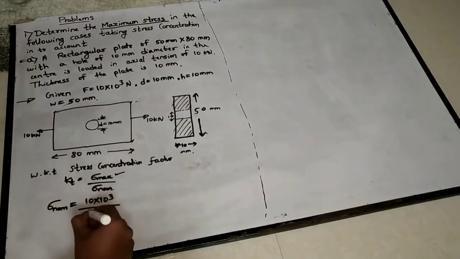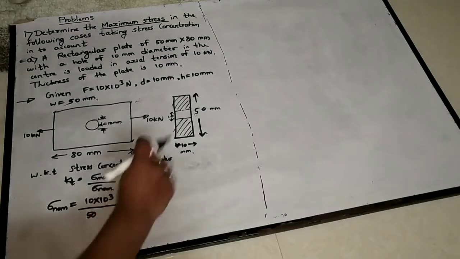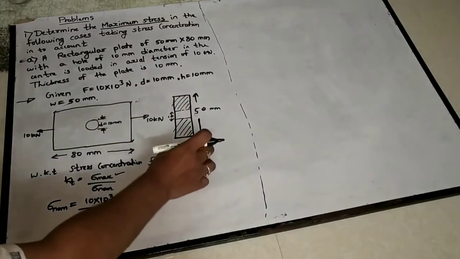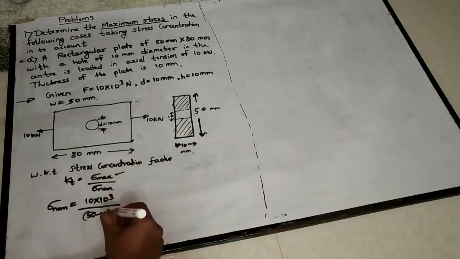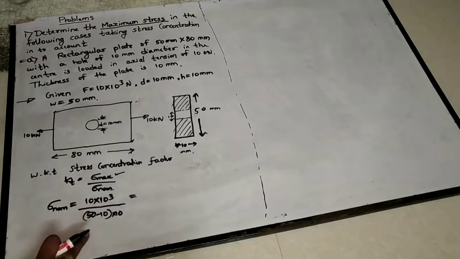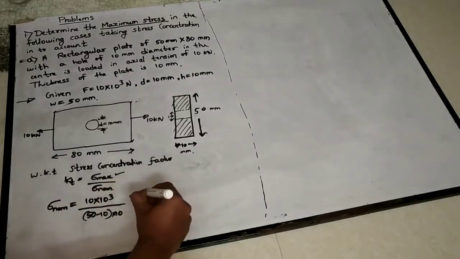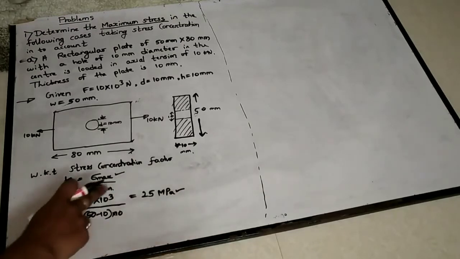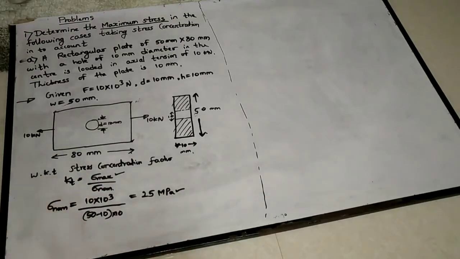What is that? 50 minus 10 into this thickness, 10. Now solve this. 40 into 10, so 10,000 by 400, so 25 megapascal. So you have got one data, the nominal stress, correct?